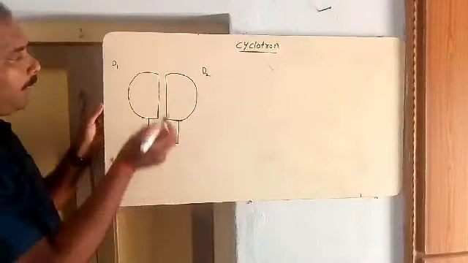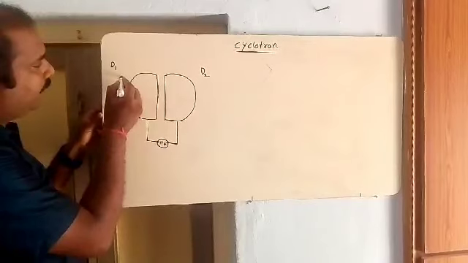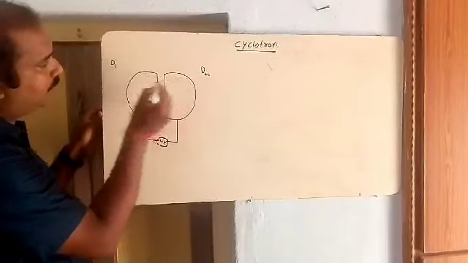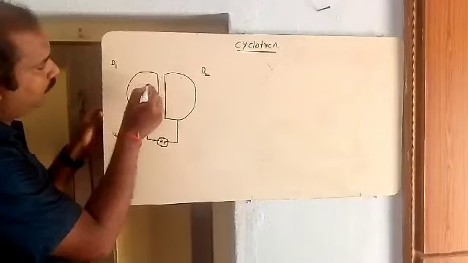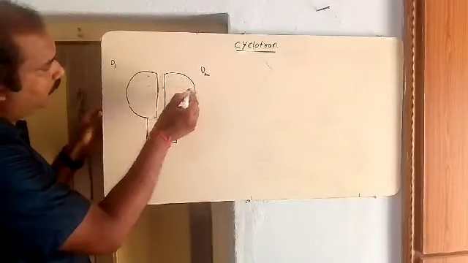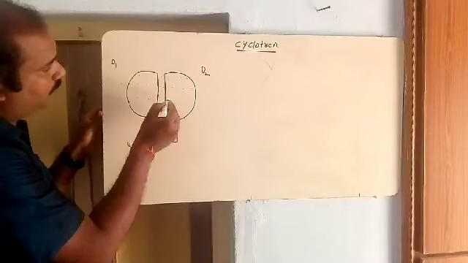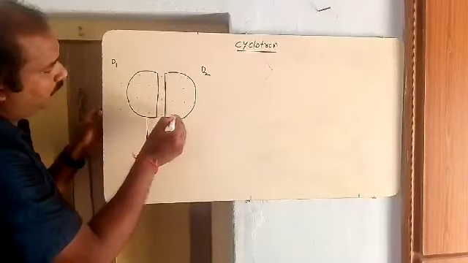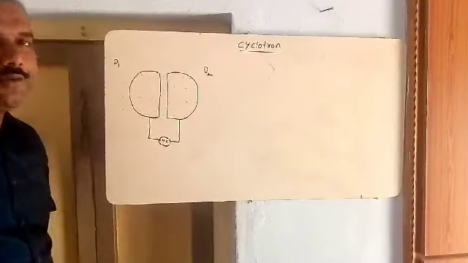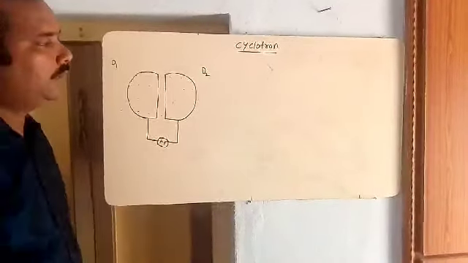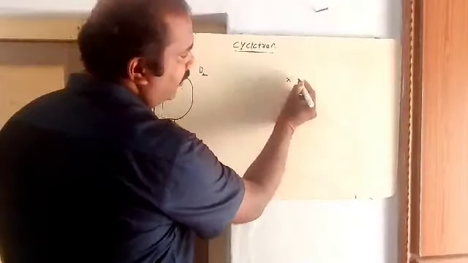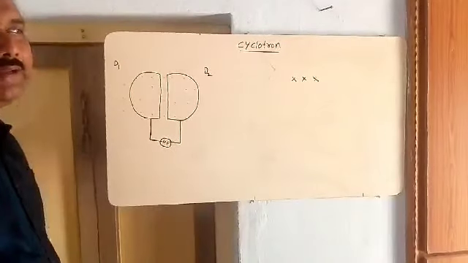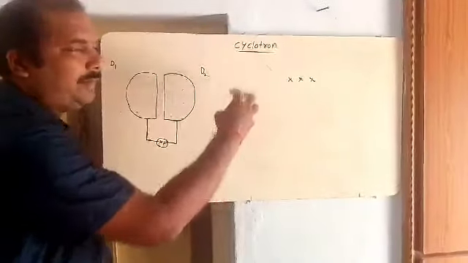And one more thing, here I am drawing a few dots. Yesterday I told you, if I draw crosses, it indicates the magnetic field is perpendicular and into the plane of the paper.